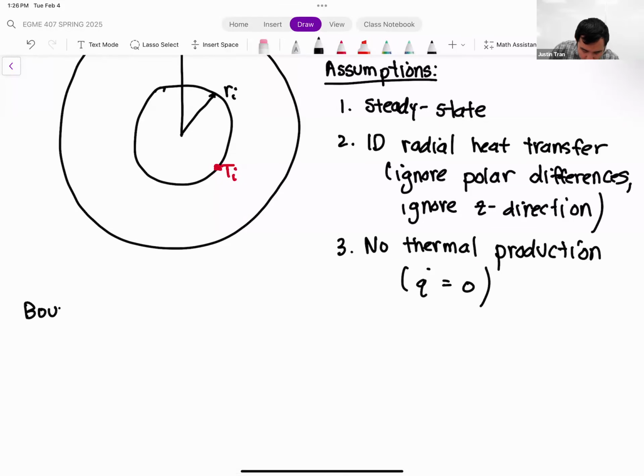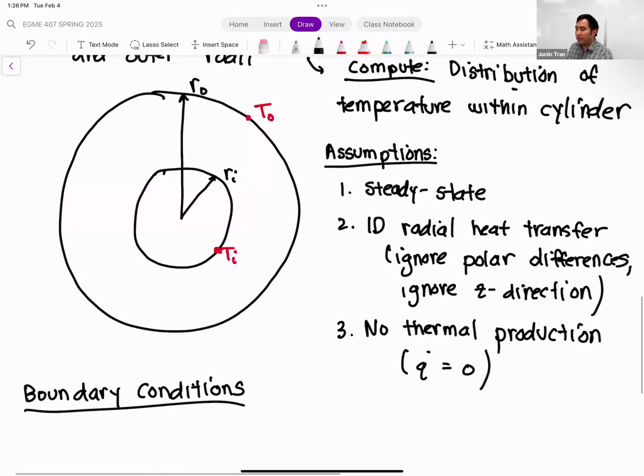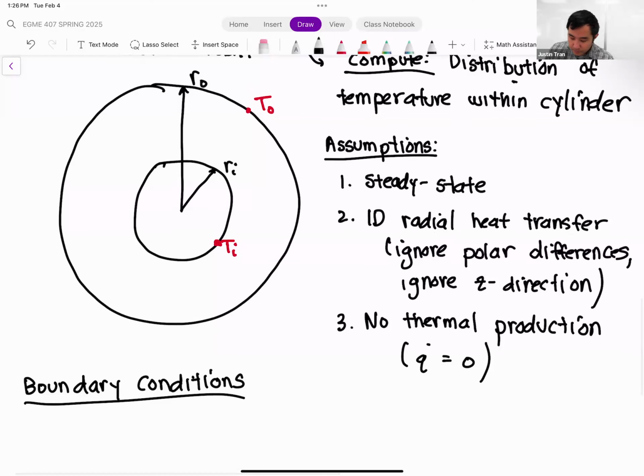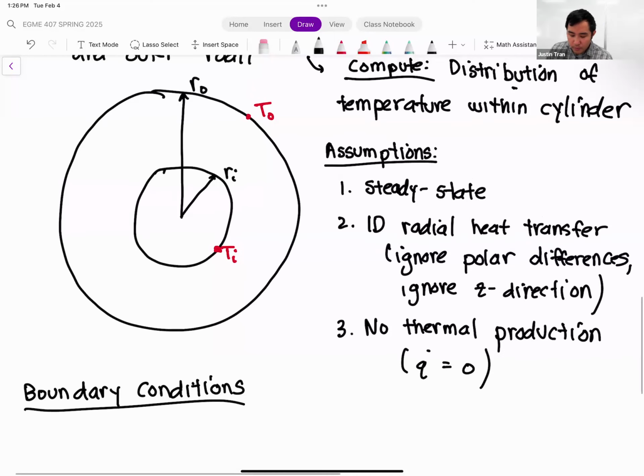Another thing before we start, let's go ahead and list out our boundary conditions. The boundary conditions are already given to us in the problem, as they traditionally are, but let's just list out their mathematical forms. For this particular problem, the problem gives us a fixed temperature at two different locations. At the inner radius, the temperature is going to be Ti, and at the outer radius, the temperature is going to be To.